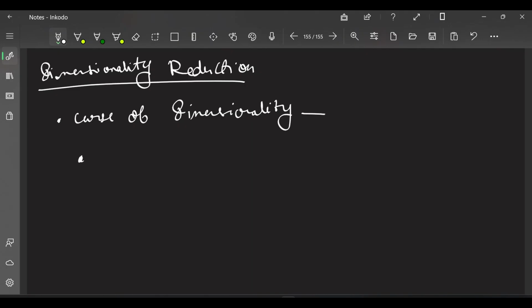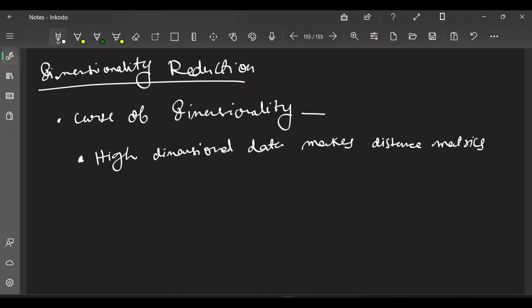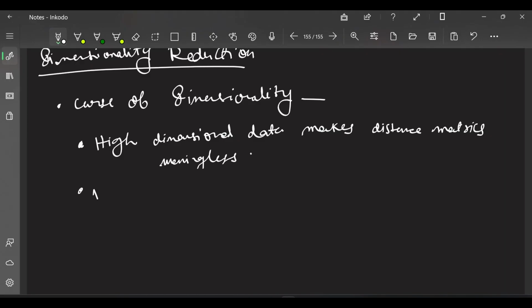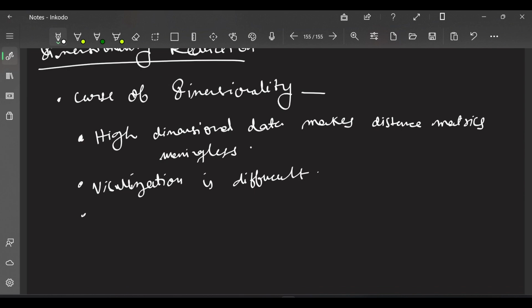So the first one is high dimensional data makes distance matrix meaningless, and visualization is difficult, and overfitting increases.